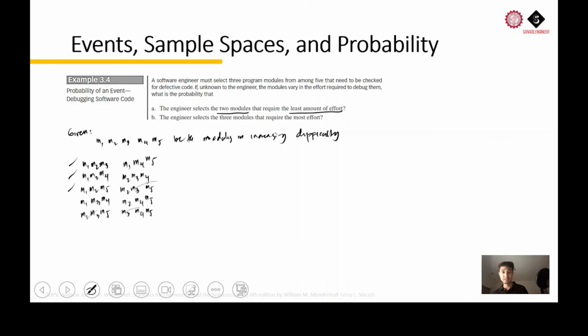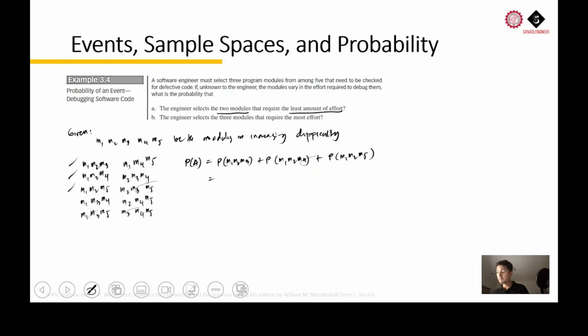So I think we're now ready to solve for this. Let's define the probability of A as the probability of M1, M2, and M3, let's just use that label, plus the probability of M1, M2, and M4, plus the probability of M1, M2, and M5.